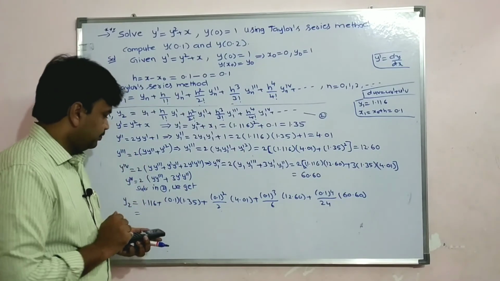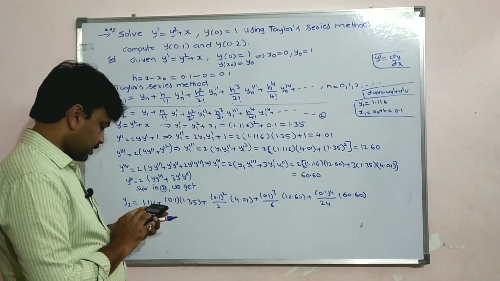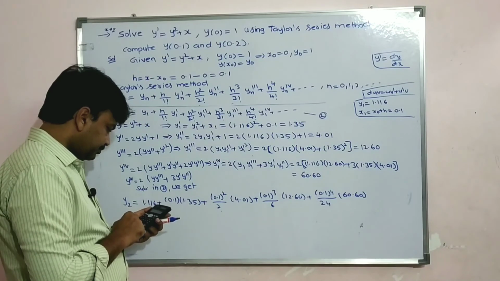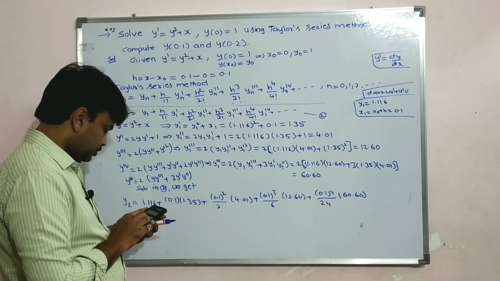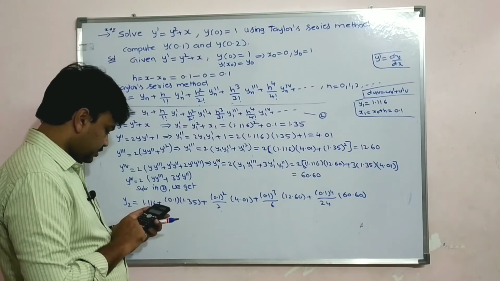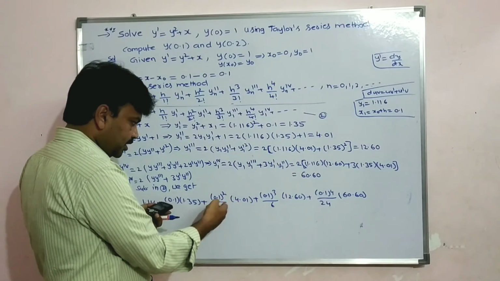Come on, do it now. So 1.116 plus 0.1 into 1.35 plus, you write these 2 times at a time students and then divided by 2 students.